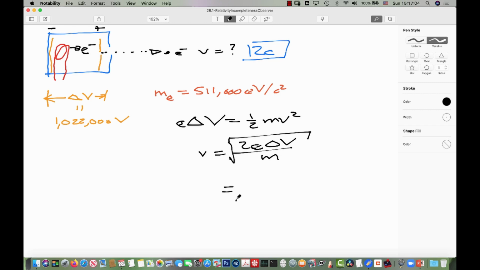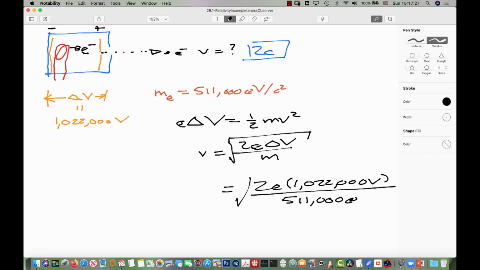Remember, the joy of working with the eV units is we don't have to substitute in any value for e. The e in eV is literally there just to cancel. So this will be 1,022,000 volts, and we're dividing by a mass of 511,000 eV per c squared.